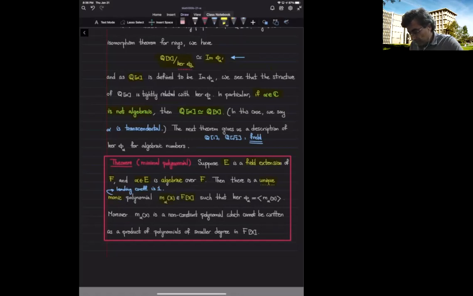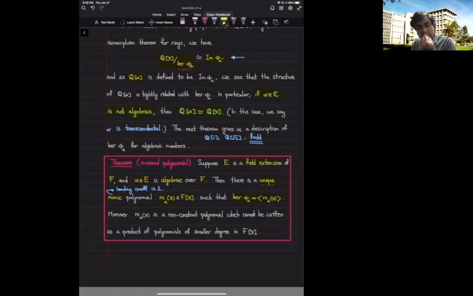Because it's unique, I can denote it by notation. It's fixed. It depends on alpha and F, but I'm not writing F here, but it does depend on F. So there is a unique monic polynomial with coefficients inside F with the following properties. It is a generator of the kernel. So the kernel is generated by a monic polynomial, and this monic polynomial is unique.